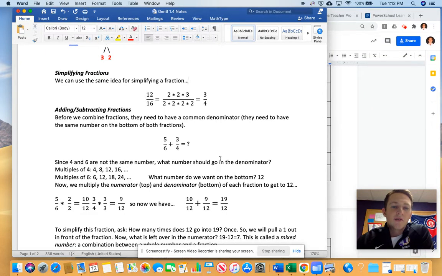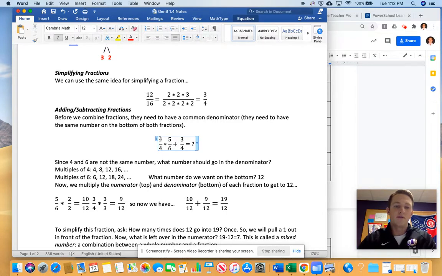Adding and subtracting fractions. In order to add or subtract a fraction, we need to have the same number on the bottom. So if we were to add these together, there's a 6 on the bottom here and a 4 on the bottom here. So we would have to multiply on the left side 4 onto the top and bottom. So let's see if we can write that for you.